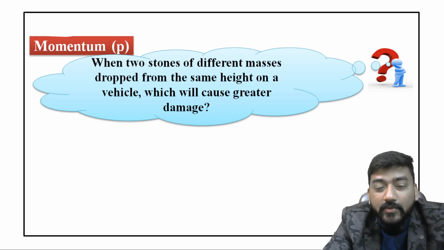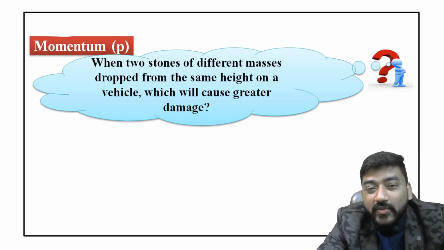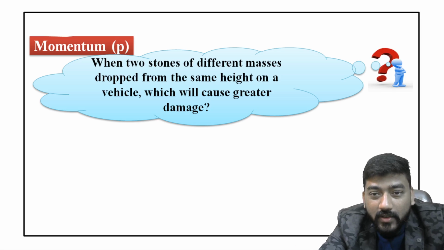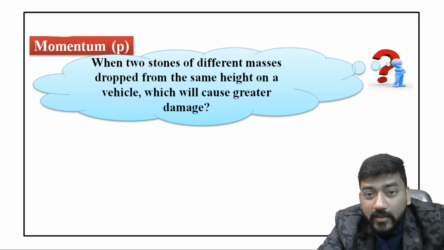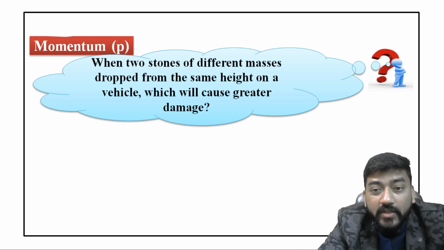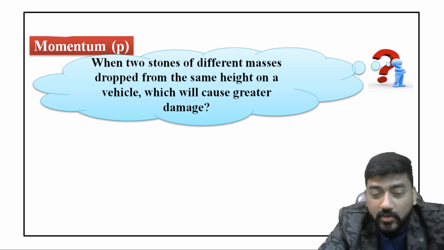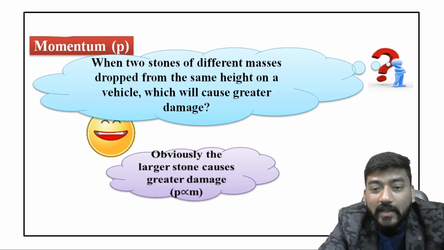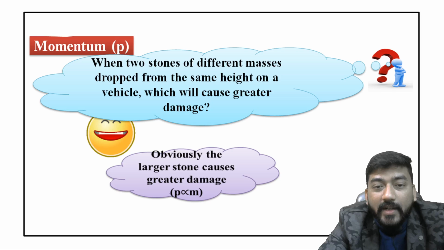If you do the experiment, you will see that from the same height, always the big stone, the stone which has greater mass, will cause greater damage. So obviously the larger stone causes greater damage.